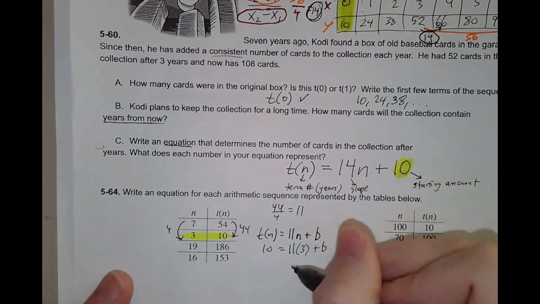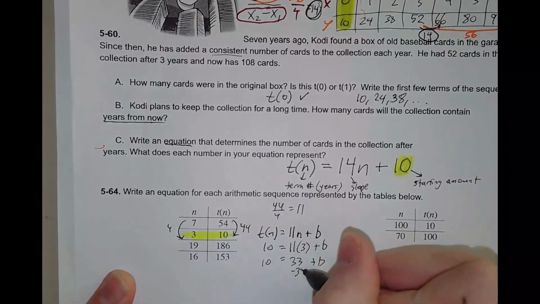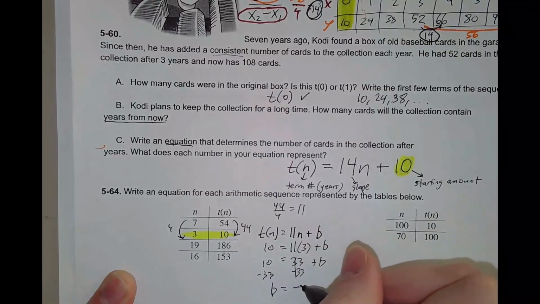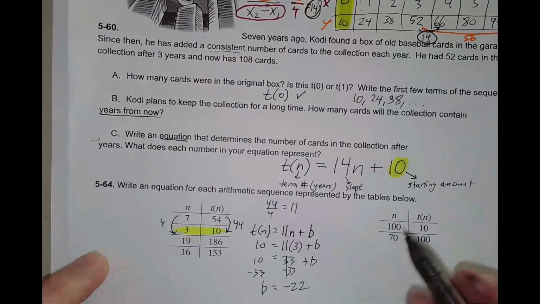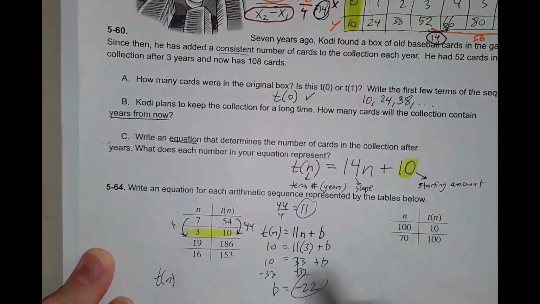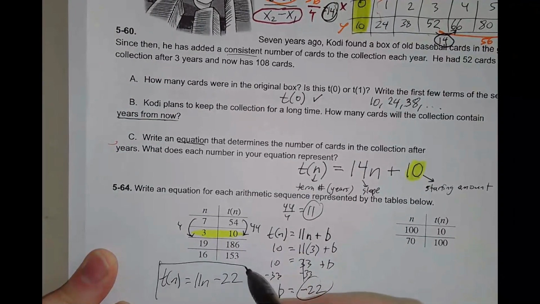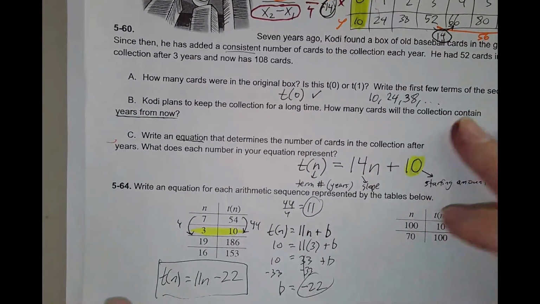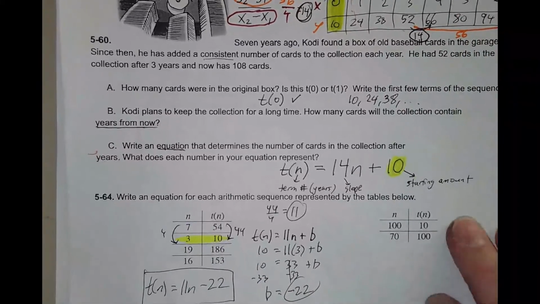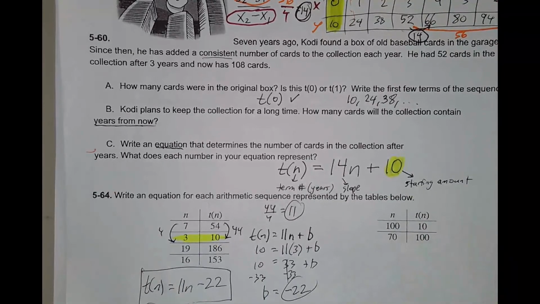Since we're here, we can do this pretty quickly. We're going to go ahead and subtract 33 to both sides. That gives us b is negative 22. So the equation would be 11n minus 22. If you follow those steps just like we did with linear equations, you can go ahead and find out the slope and starting value of any function given two terms.